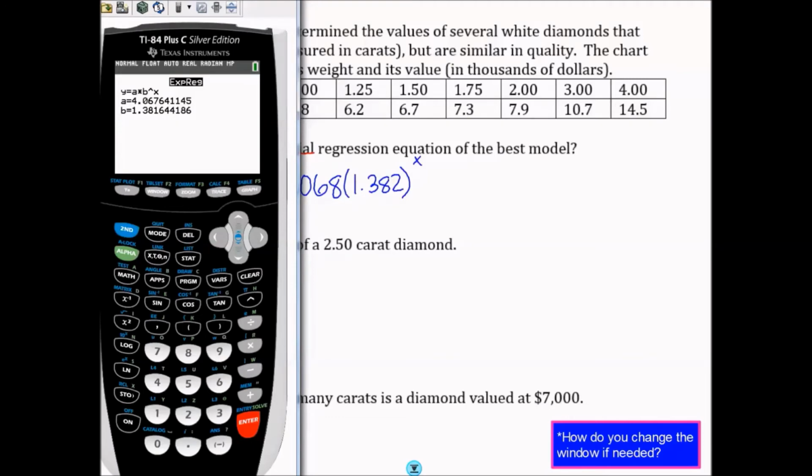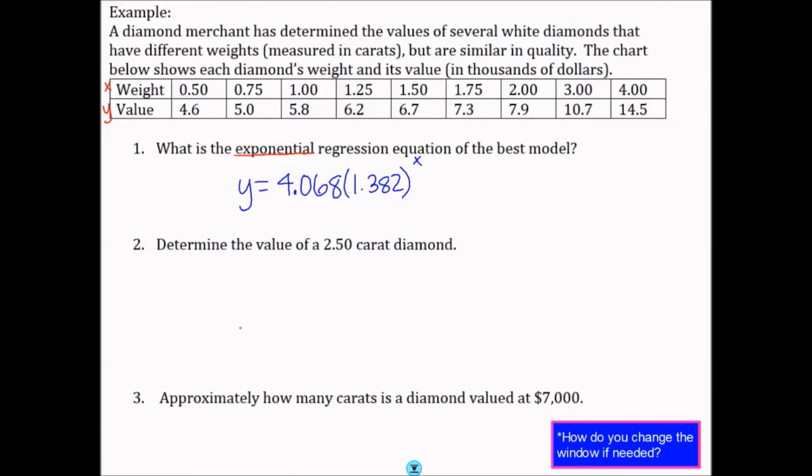That's what this caret means, is that the x is the exponent. So make sure that you are rounding correctly. You should always round to 3 decimal places, not just truncate the number. So we have our exponential regression equation.